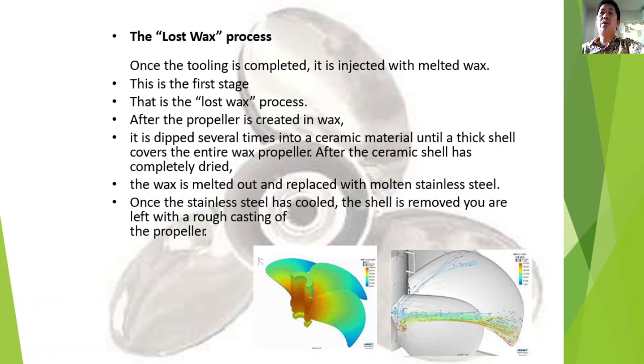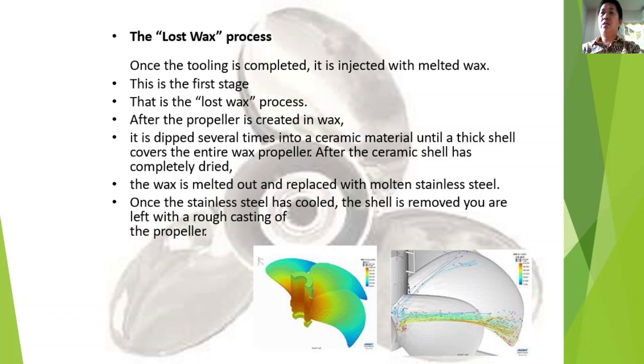So the lost wax process. Once the tooling is completed, it is injected with melted wax. This is the first stage. After the propeller is created in wax, it is dipped several times into ceramic material until a thick shell covers the entire wax propeller.